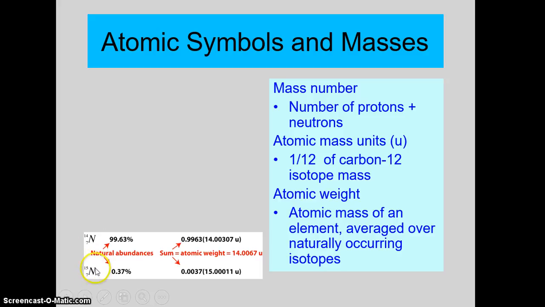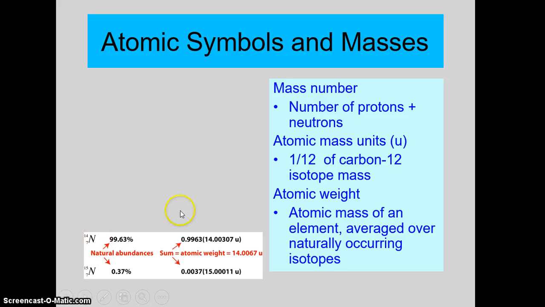That's about 99.63%, and then there's a small number of nitrogen atoms that are nitrogen 15, so they would have 8 neutrons in them. Chemically they act exactly the same. So when we look on the periodic table and you see the atomic weight, it's going to be much closer to nitrogen 14.